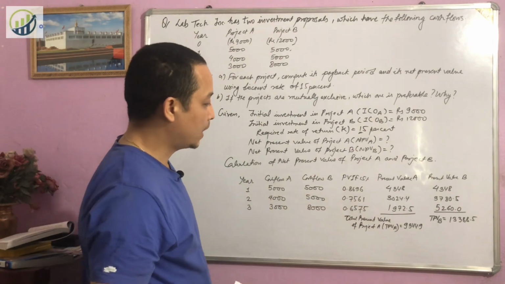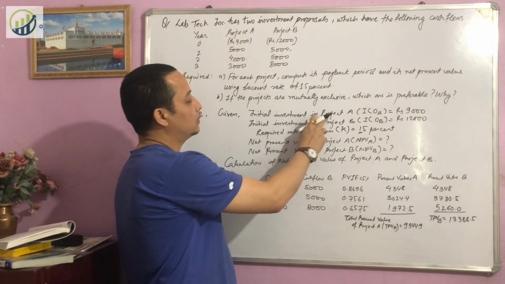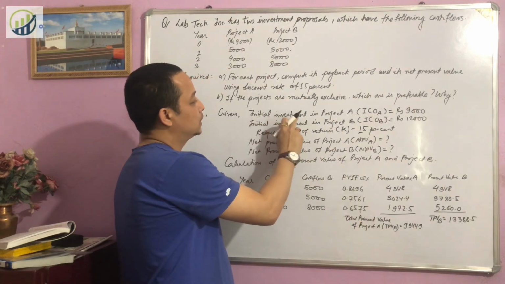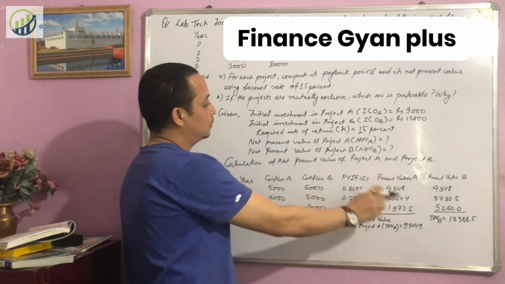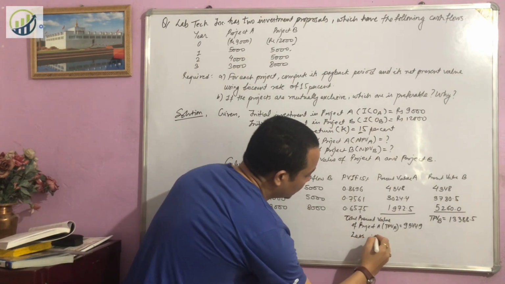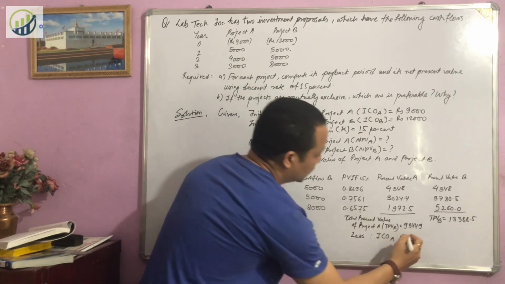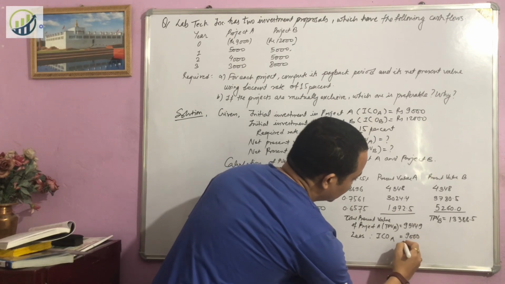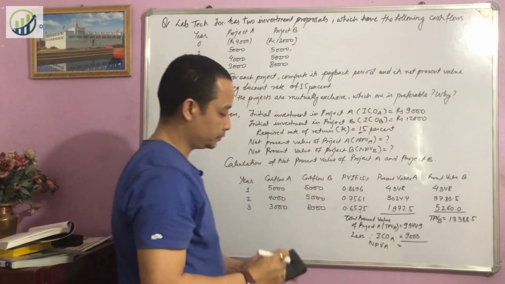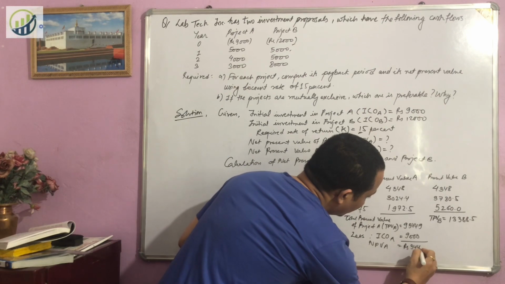Okay, so this is your total present value of project B, TPVB, and the total present value of project A, TPVA. Now here you have to deduct the initial cash outflow, or the total initial investment in project A and in project B. For project A you have to deduct the initial investment in project A, and for project B the initial investment in project B. So here less initial cash outlay A, that is 9,000. When you deduct this, you will get net present value A, that is rupees 344.9.